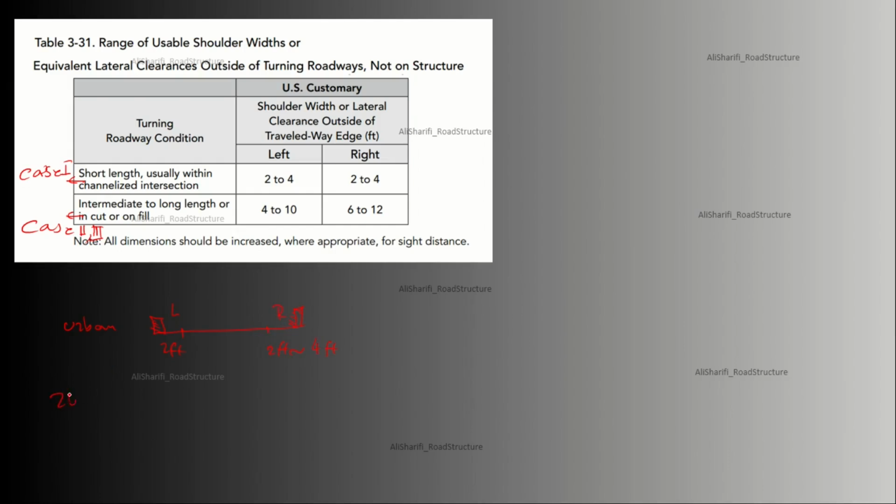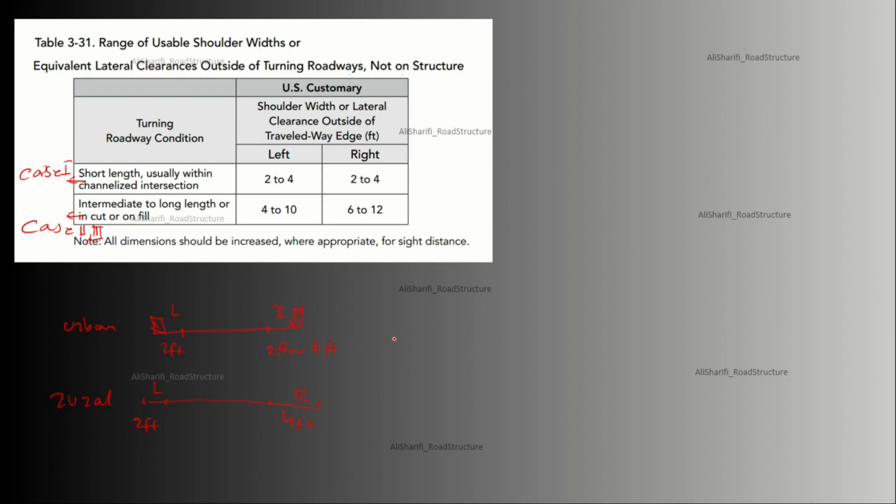And in rural areas, a left side shoulder of 2 feet width and 4 feet for the right side shoulder is normally enough.